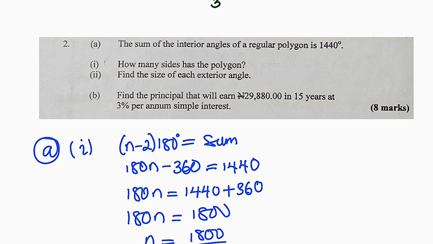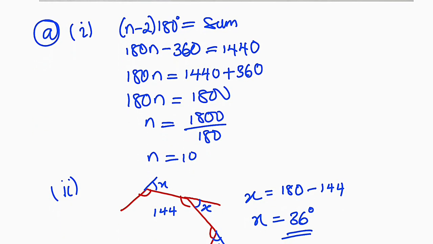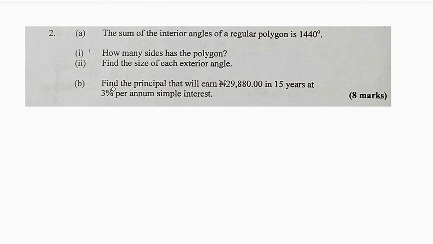Now let us move on to the B part. The question reads, find the principal that will earn 29,880 in 15 years at 3% per annum simple interest. All right, this is B. Simple interest is equal to the principal times rate times the time divided by 100, right?